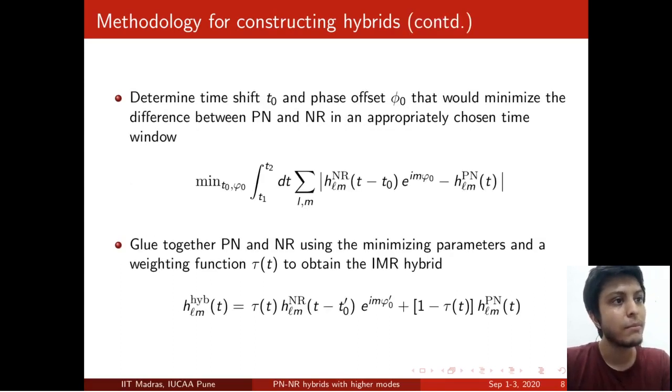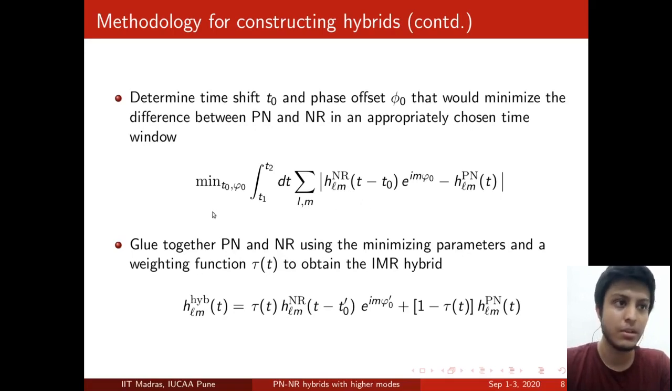So now, coming back to the generation of the waveform, we pick an NR simulation from the catalog and we produce the corresponding PN waveform using the same binary parameters of the NR simulation, and we evolve the post-Newtonian expressions. The hybridizing procedure involves choosing a convenient time window and determining the time and phase shifts which minimize the difference between the PN and NR in that time window.